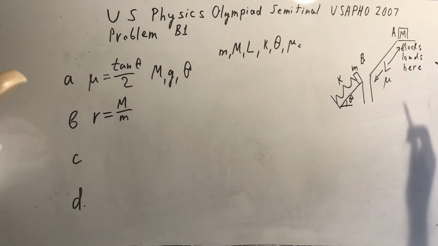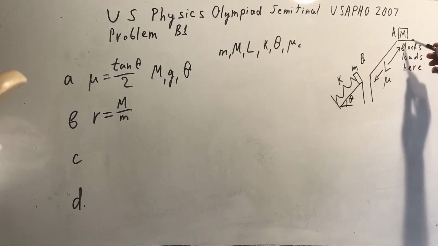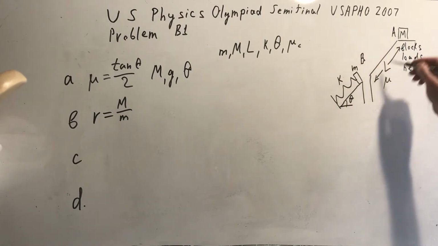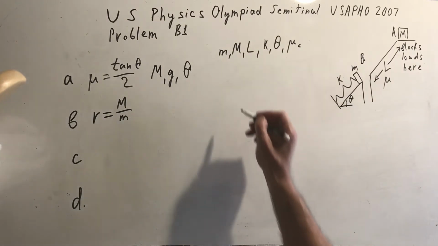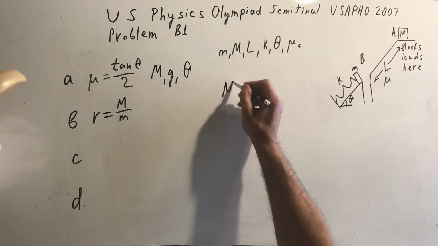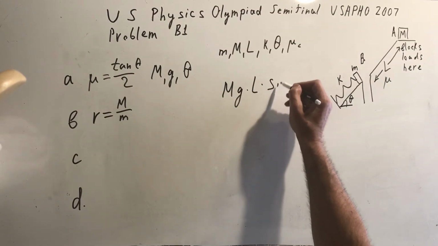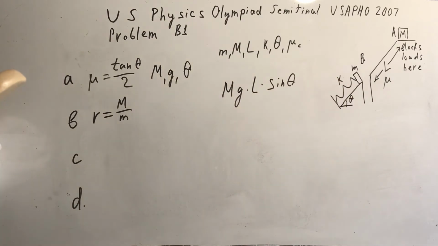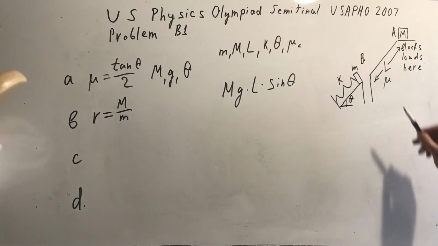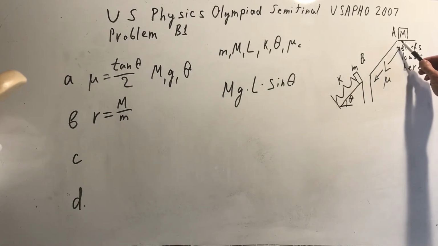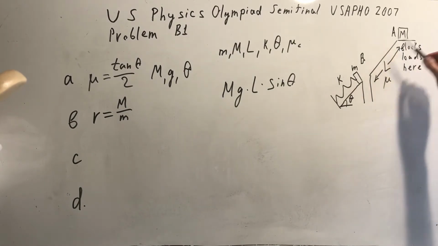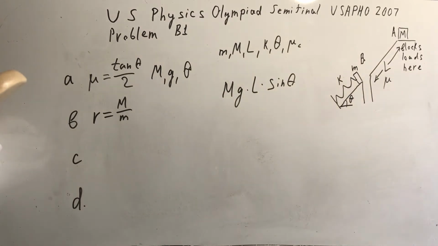So the total energy taken from gravity is the energy for this block to go down, which is mg multiplied by L and sine theta. And this energy we will spend on friction, on the work of the force of friction made by this block moving upward and these two blocks moving downward.